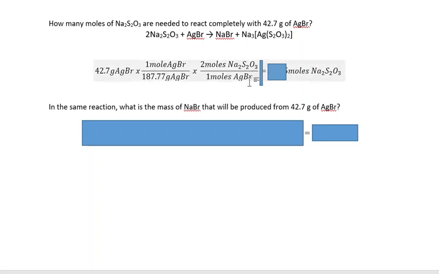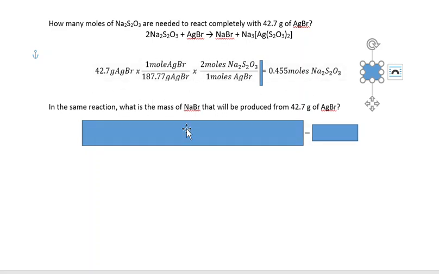I can just leave it at that point. And so if I take 42.7, divide that by 187.77, multiply that by 2, what I come up with is 0.455 moles of sodium thiosulfate. So I have, in this case, related grams of one compound to moles of another.